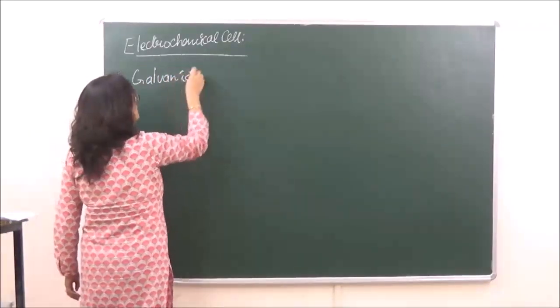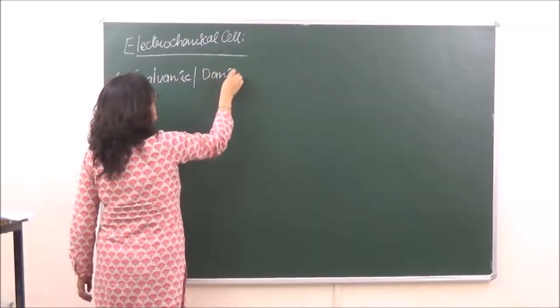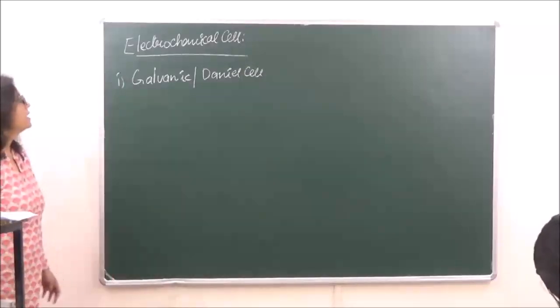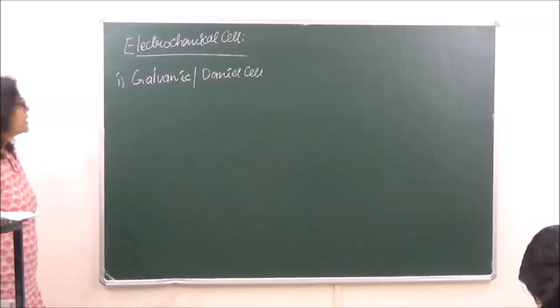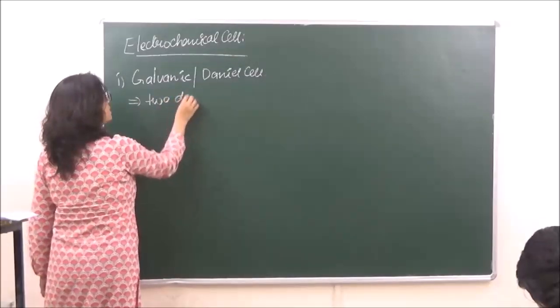galvanic or Daniell cell, right? In a galvanic or Daniell cell, there are two different half cells present.